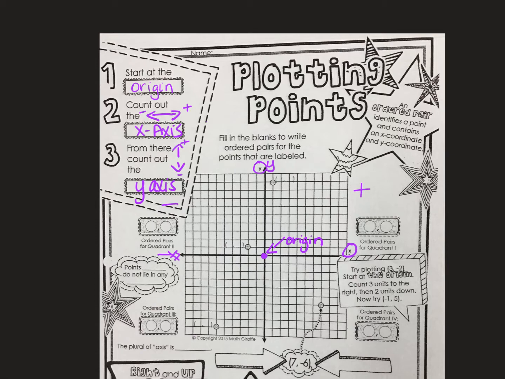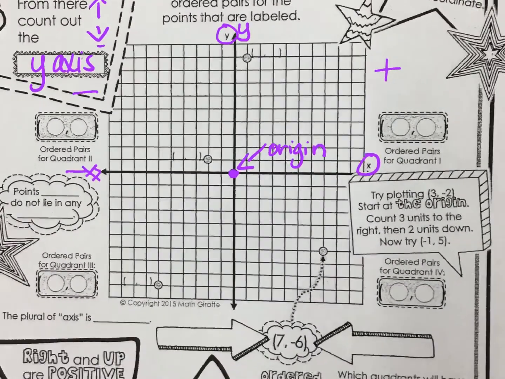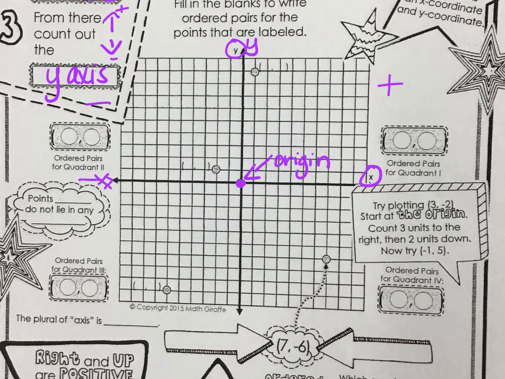Also, this chart doesn't show you, but notice that this coordinate graph is really divided into four regions, okay?